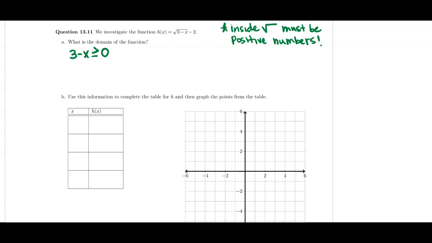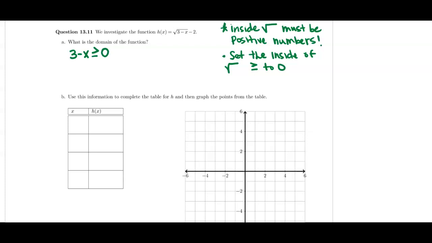So in order to do this, you're going to set the inside of the square root greater than or equal to 0. And when I solve this now, I want to keep my x on the left-hand side.